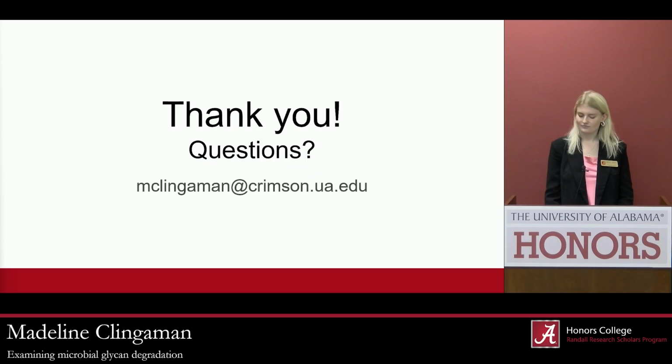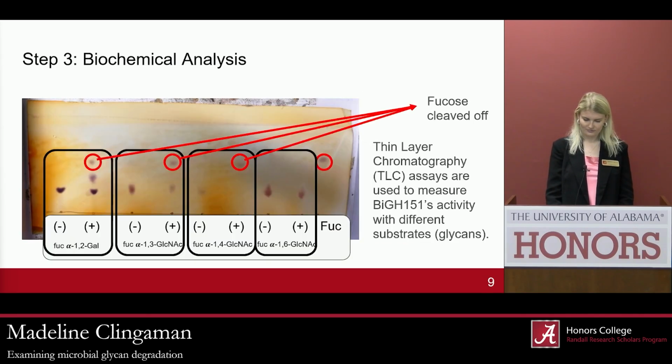On slide 9, can you explain the different dots on the TLC and what they mean? Yeah, so as you can see, the dots on the very bottom, so if you look at the very first negative, that is just the substrate. That is just the fucose alpha-1,4 galactose linkage. That's a substrate that we use to test.